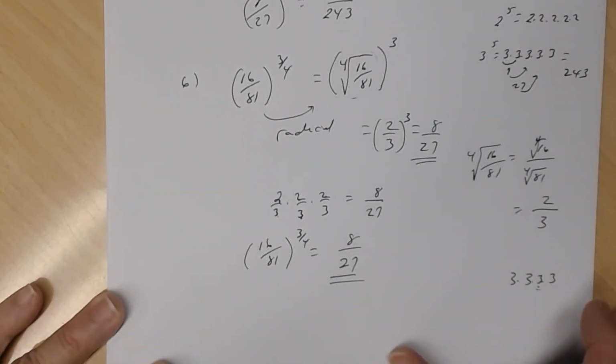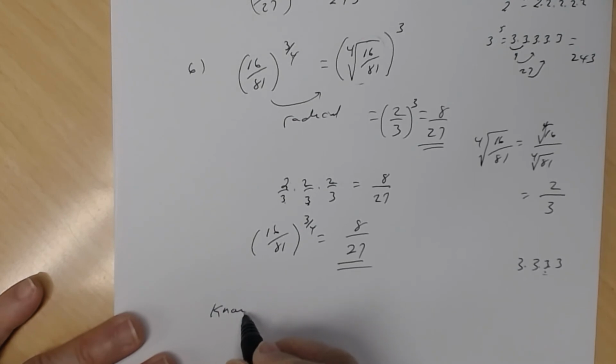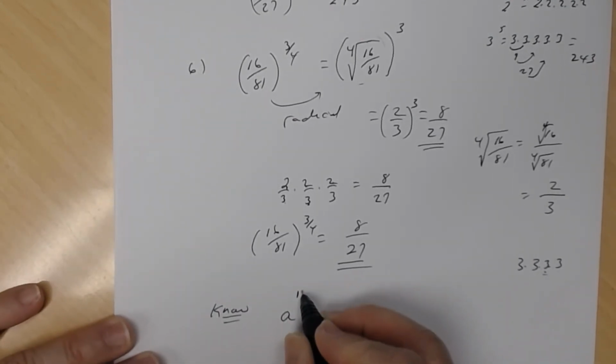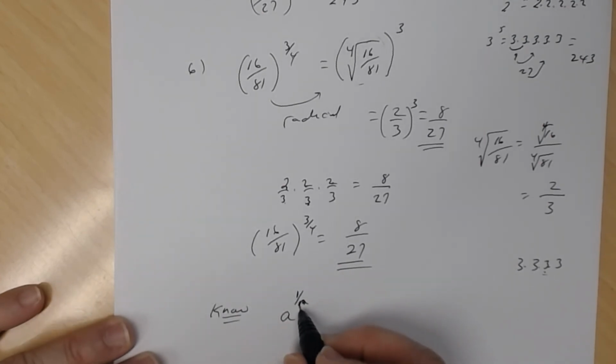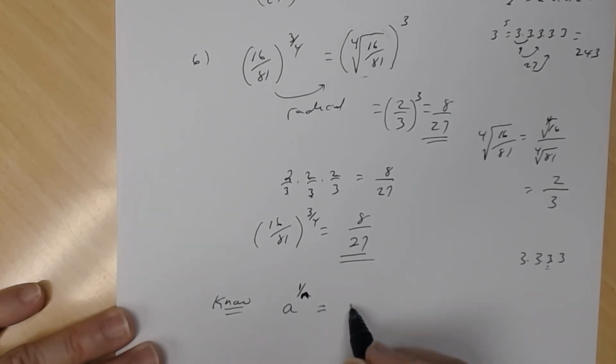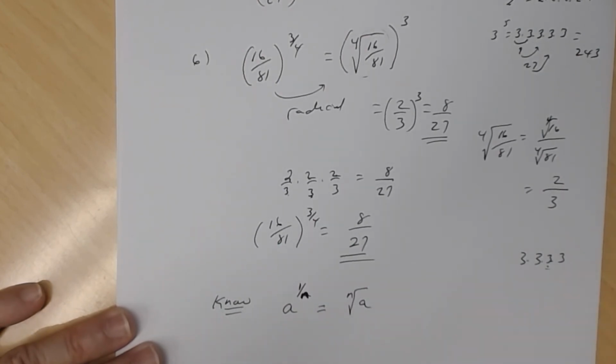All right, so what we learned here is this. You've got to know these rules. If you have a to the 1 divided by n, that's the nth root of a. So whenever you have rational exponents, you want to change it to a radical. If the numerator is 1, it's very easy: it's just the nth root of a, because it's all being raised to the 1st power.